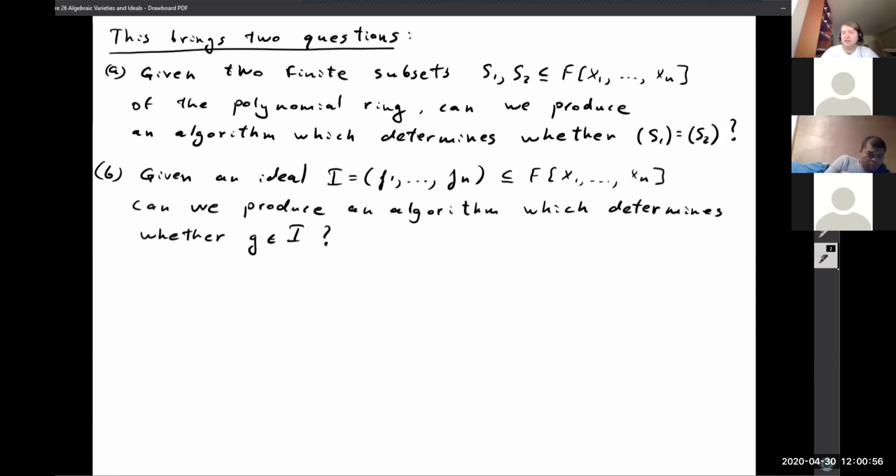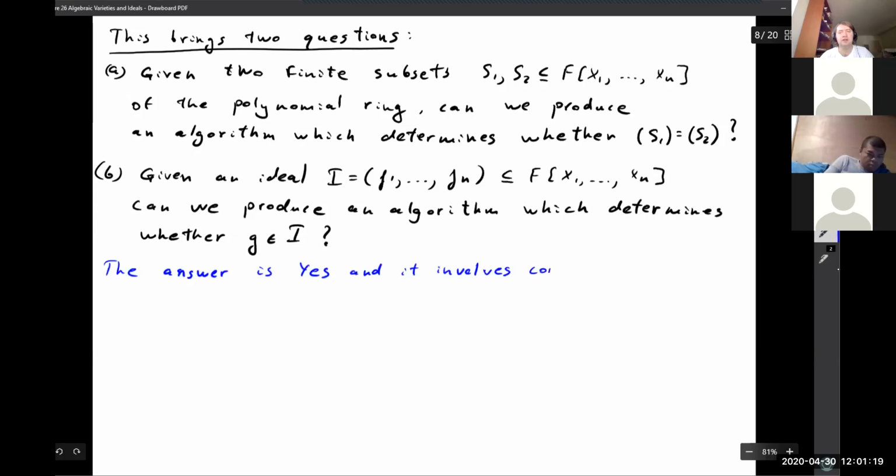Well, it turns out that the answer is yes, and it involves constructing a standard generating set for an ideal, known as a Grobner basis.